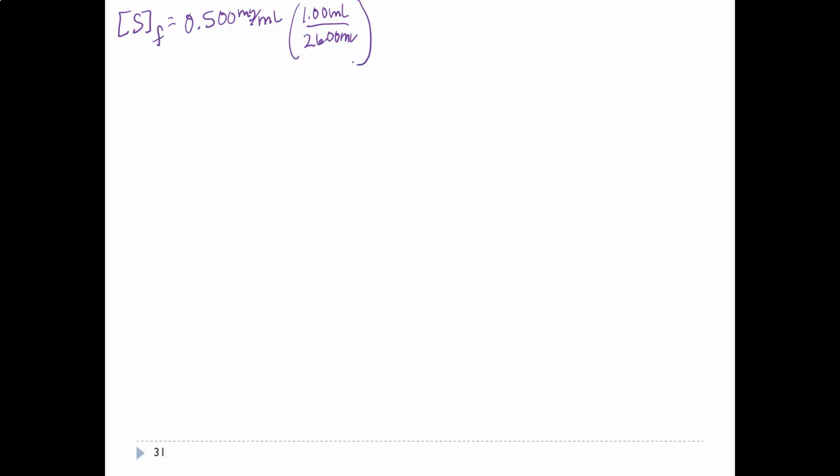I just realized in my notes that I did 0.05 instead of 0.5, so I'm going to redo this calculation on my calculator right now. Yep, I definitely did it wrong in my notes. 0.019230769 is the molarity of Sf.